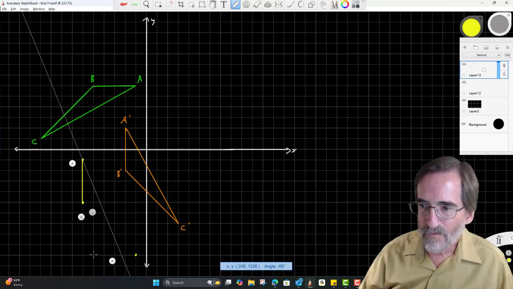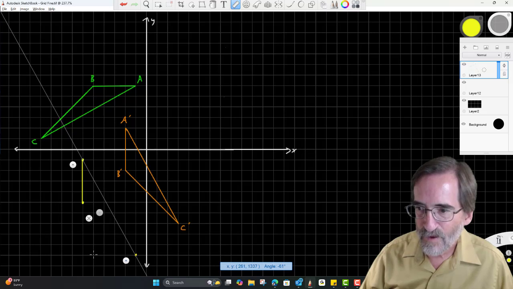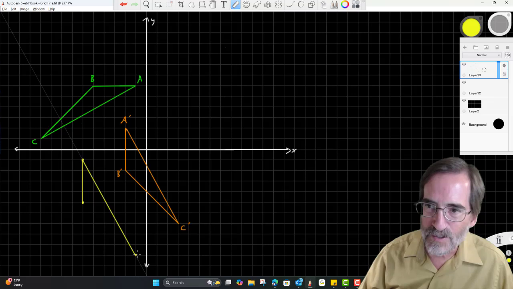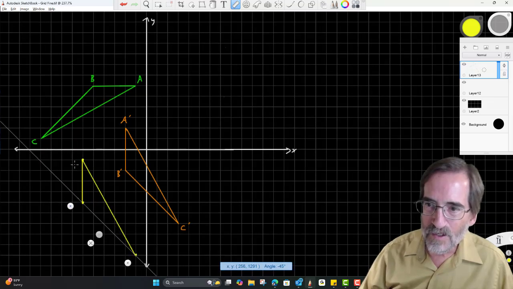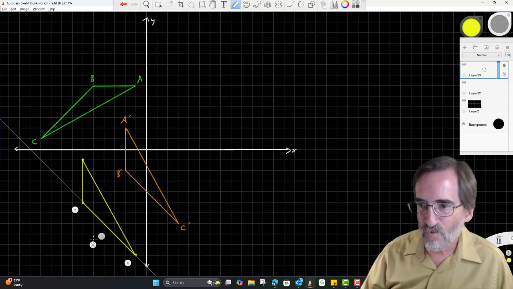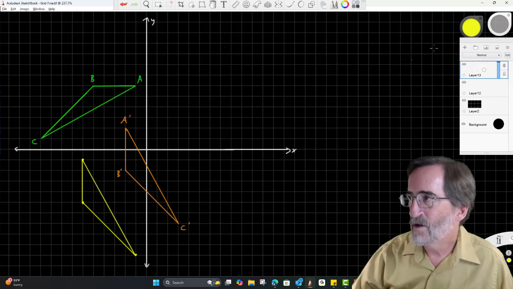Let me go ahead and draw the triangle. And now we've got it to the right orientation. And now we need to slide it, right? I'm going to slide it to the right and up. Let's go ahead and change colors again.